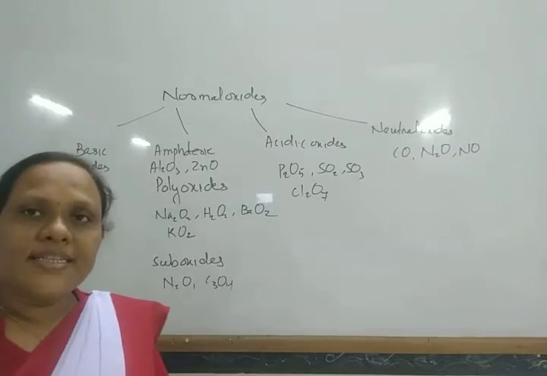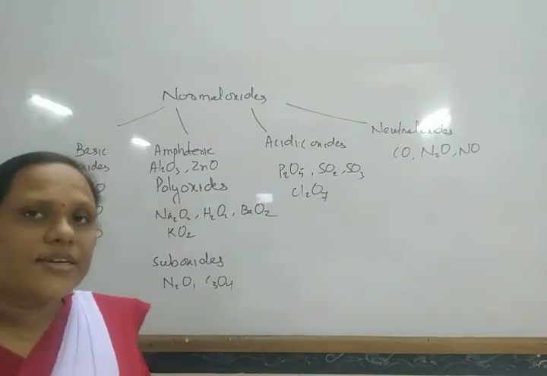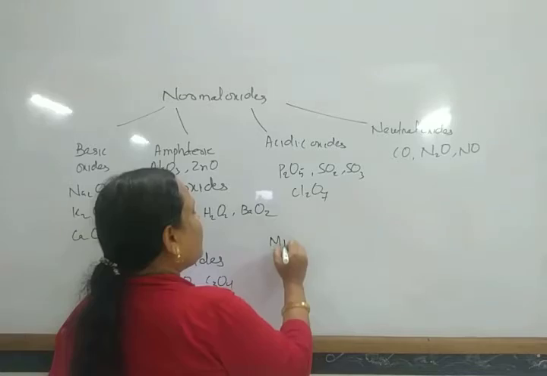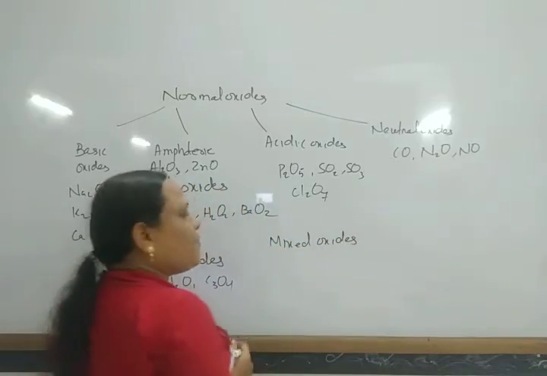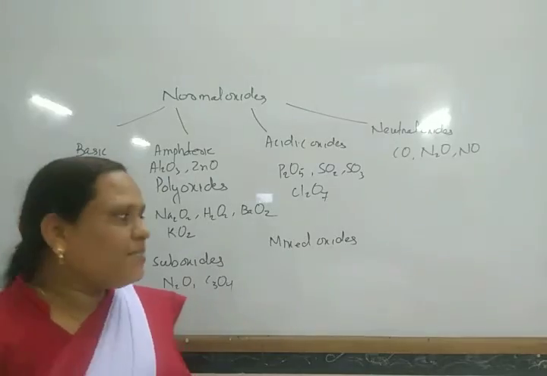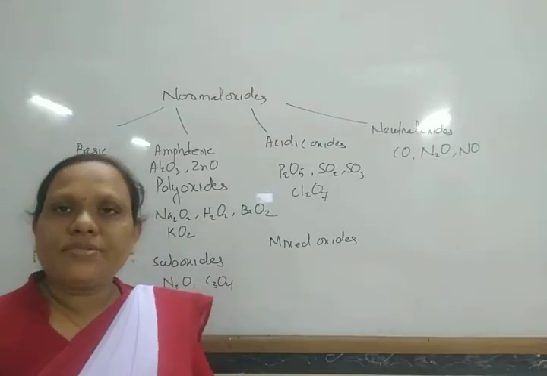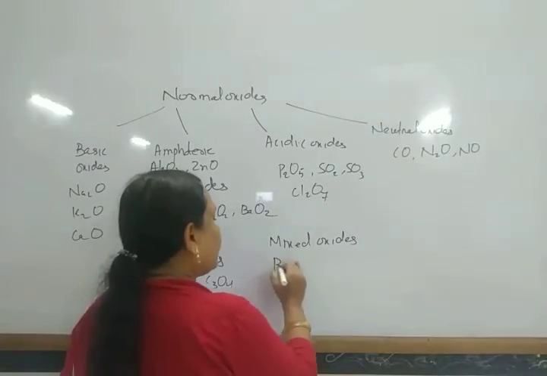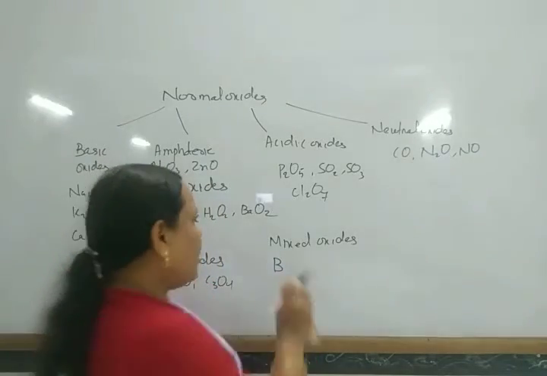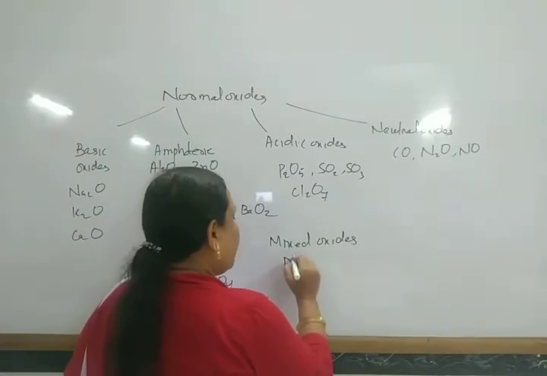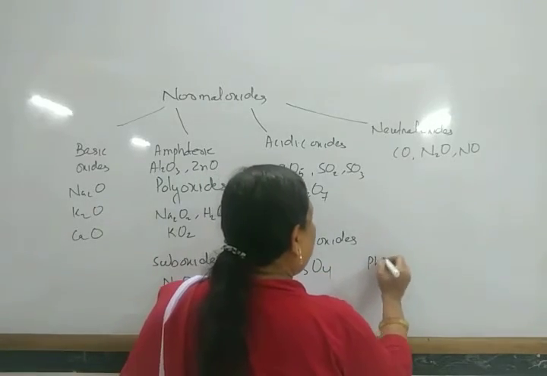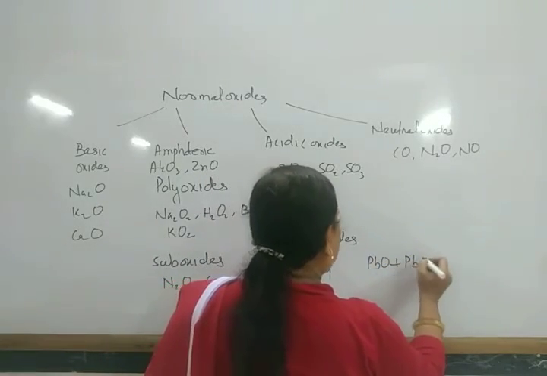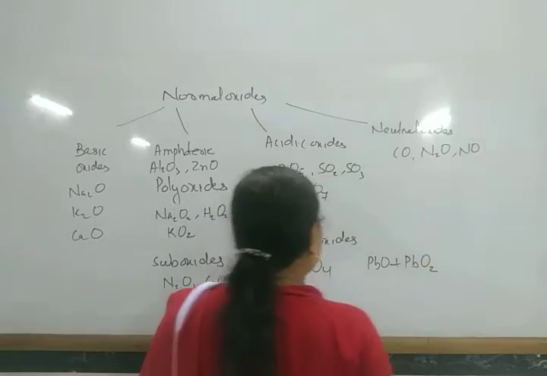Again, these oxides are classified into another type, known as mixed oxides. Mixed oxides are a mixture of two different types of oxides, like lead oxide Pb3O4, which is a mixture of PbO plus PbO2.